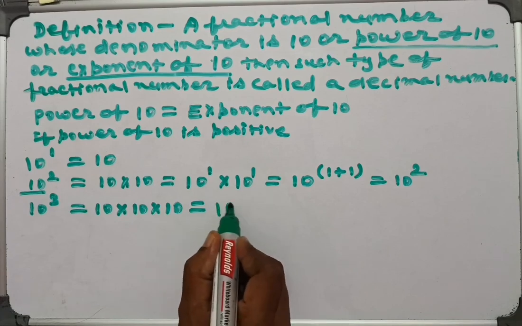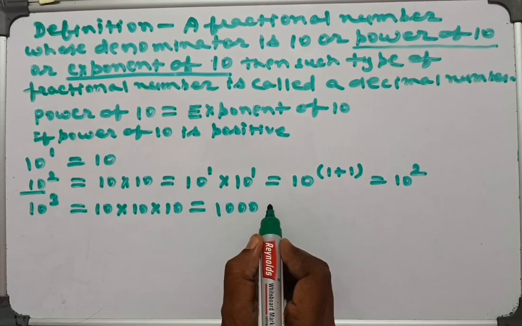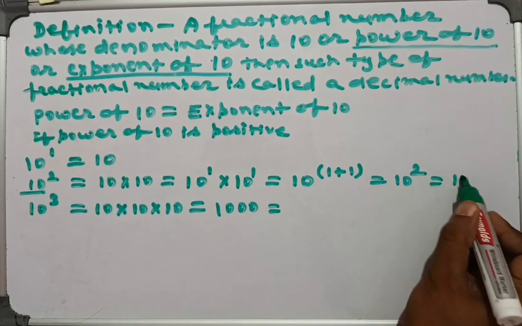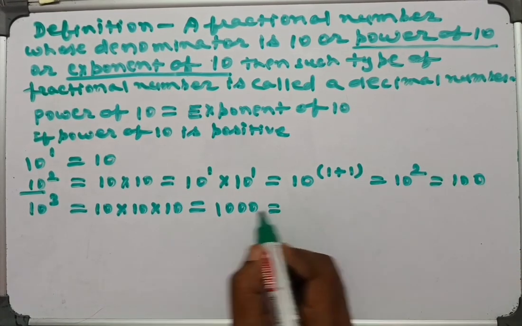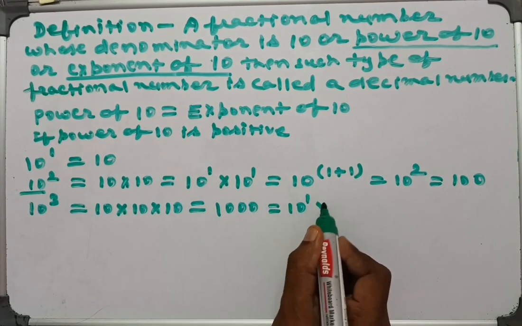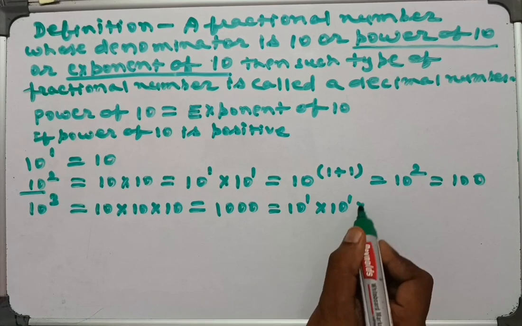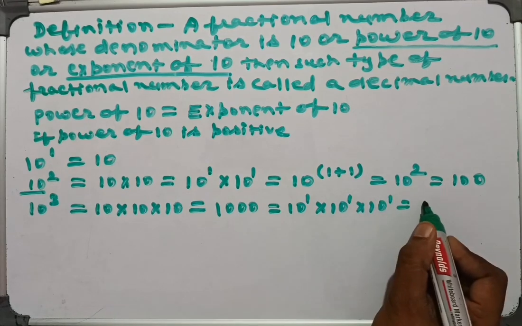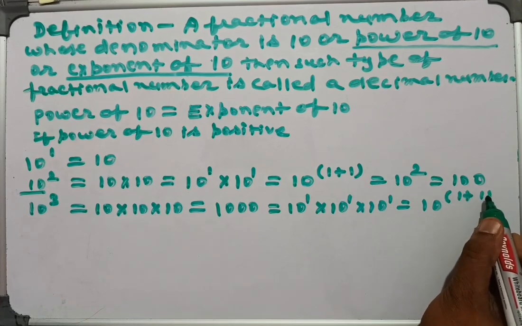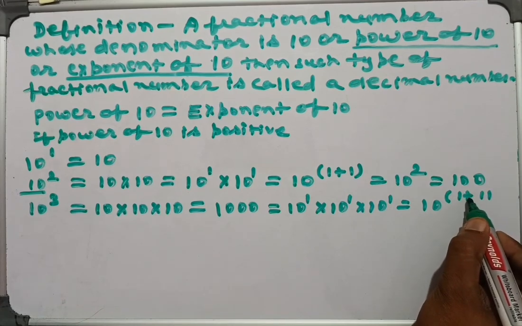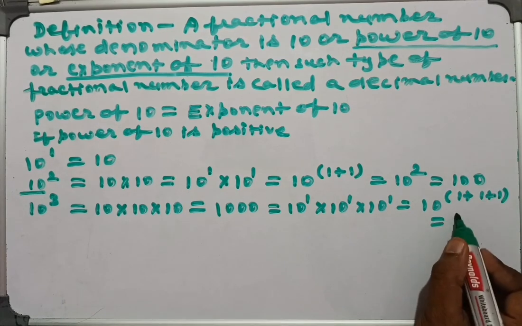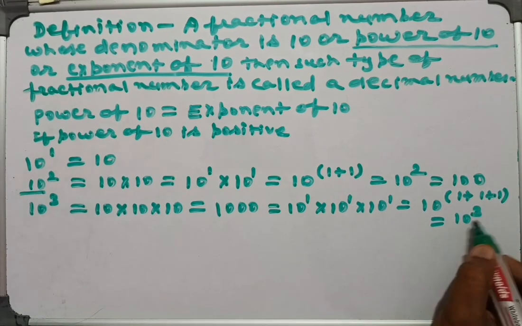This is equivalent to 1000. Now for this one you can write 10 to the power of 1 multiplied by 10 to the power of 1 multiplied by 10 to the power of 1, and take common 10, then this is equivalent to 1 plus 1 plus 1, or this is equivalent to 10 to the power of 3.